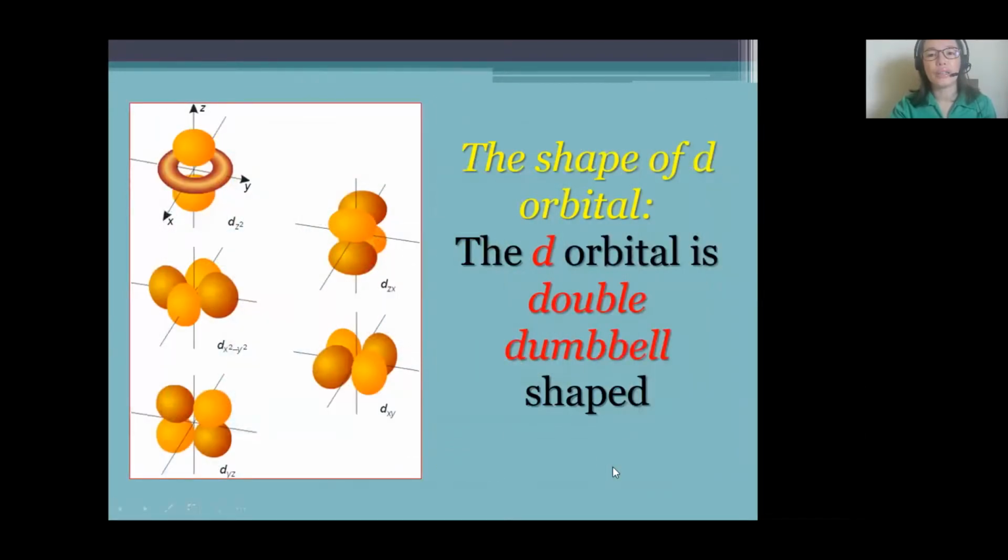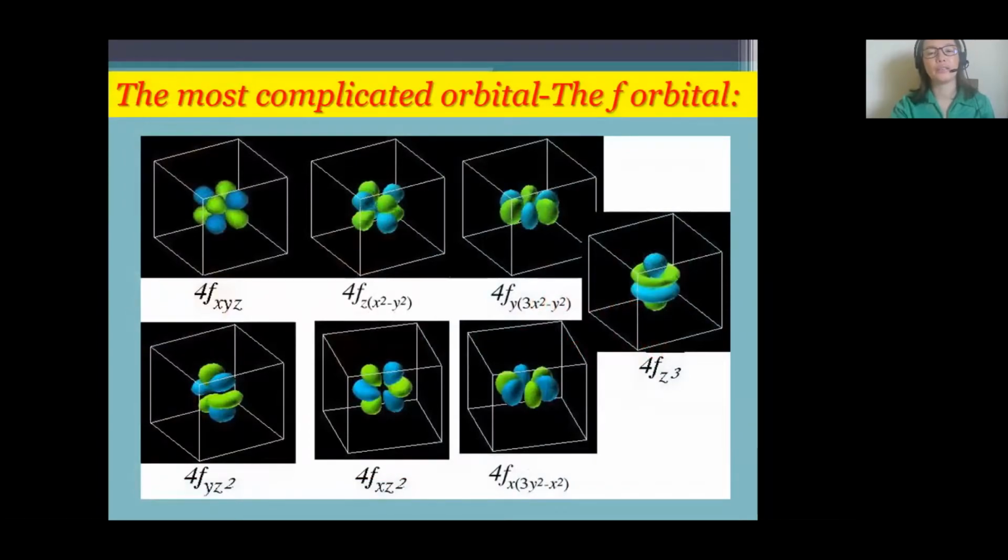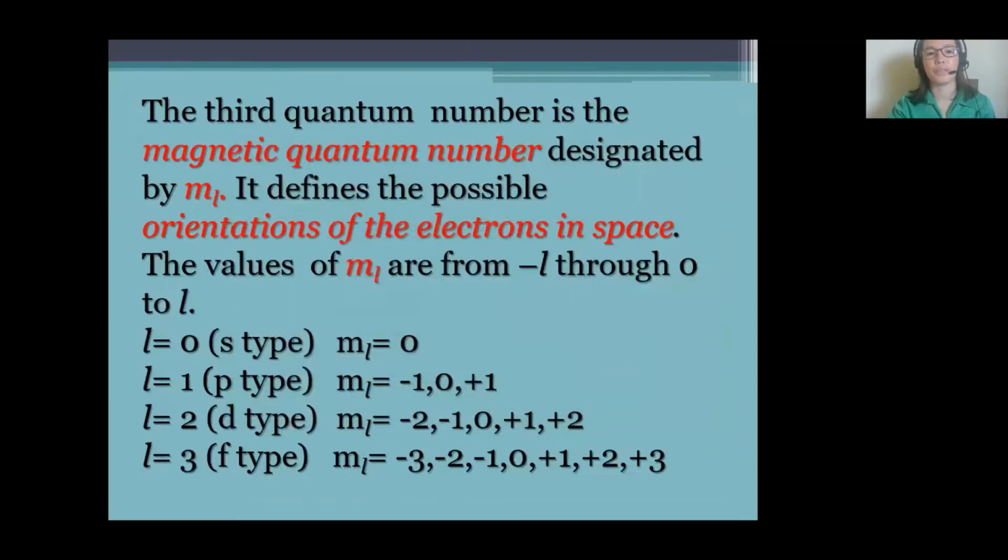The d orbital has a double dumbbell shape, and there are 5 d orbitals. And the more complicated f orbital, these are the shapes of the f orbital. So that's the azimuthal quantum number.